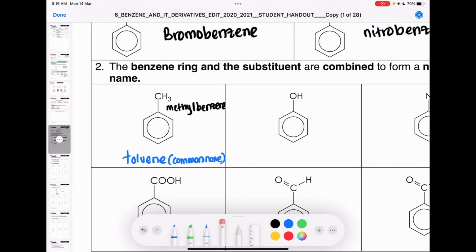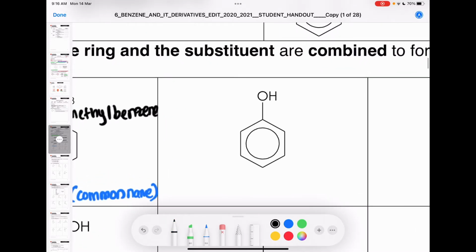Now like this one, of course, if I ask you to name it in the IUPAC way, you're going to name this as hydroxybenzene, because when OH becomes a substituent, we call it hydroxy. But the common name for the overall compound is phenol.